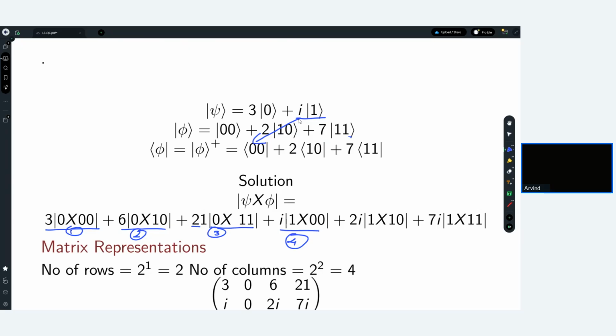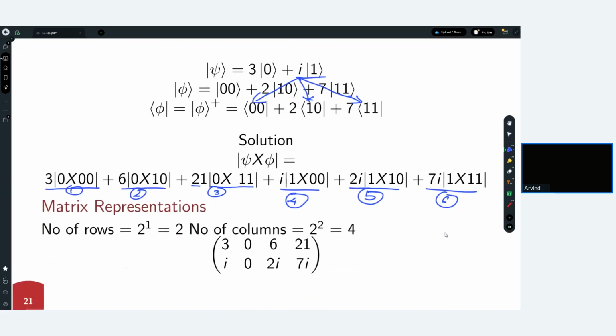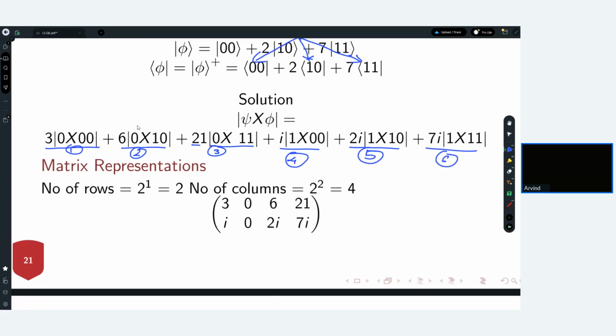Now I Ket1 is multiplied with 2 bra 10 to get the fifth term, so 2 times I, 1 cross 10. Now I Ket1 is multiplied with 7 times bra 11 to get the sixth term, 7I, 1 cross 11. In this way we have multiplied each term from the first Ket function with all the terms from the second bra function.